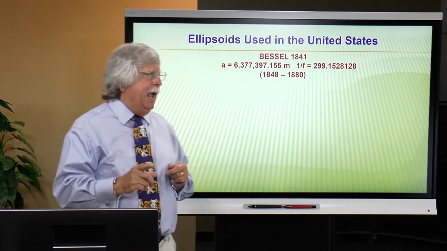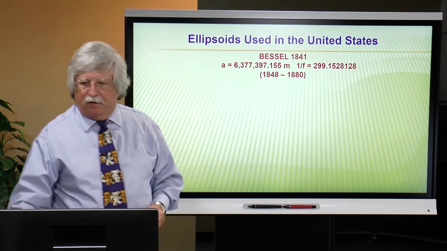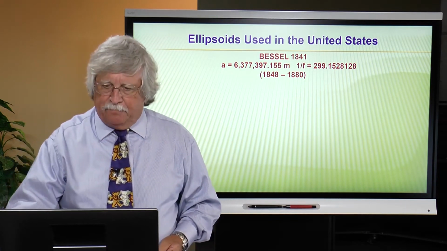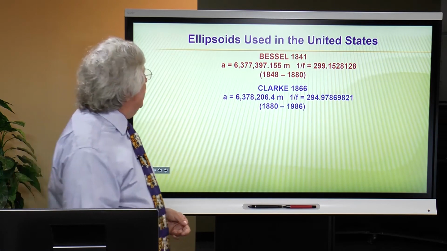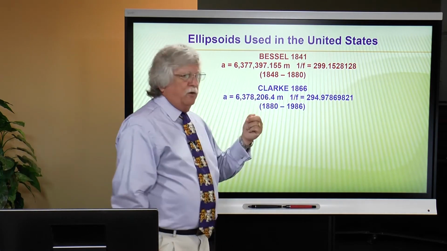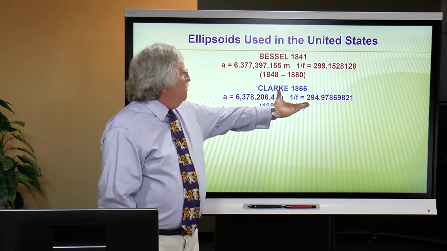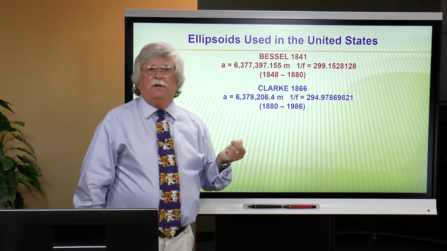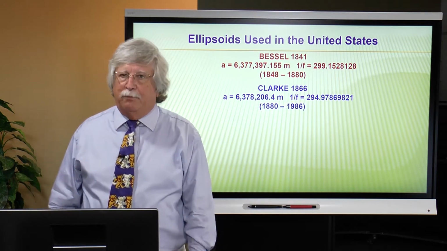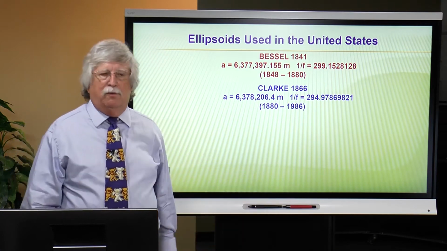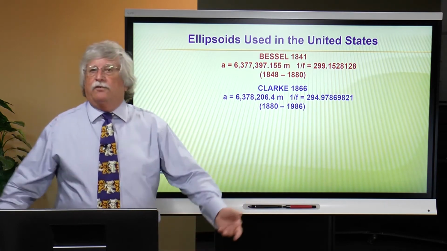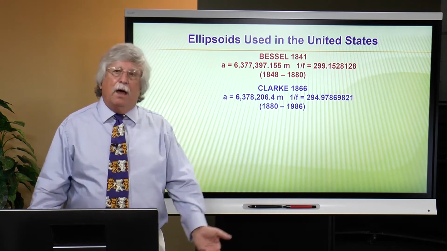So in 1880, the Coast and Geodetic Survey adopted Clarke 1866, Alexander Ross Clarke's model of 1866, that most closely approximates the size and shape of the United States, later also adopted by the Canadians, so it best fits North America. It still does. To this day, it still does.